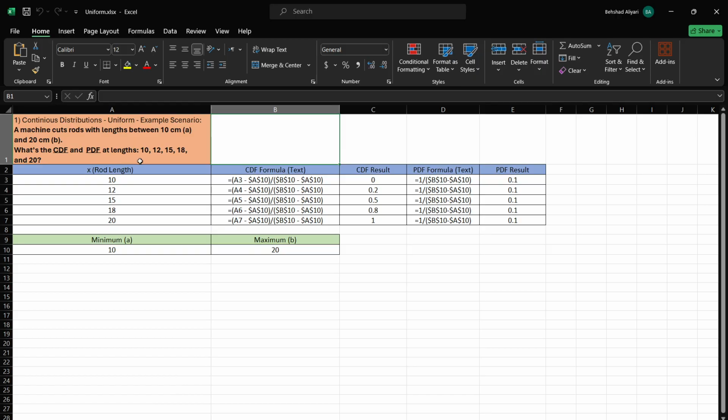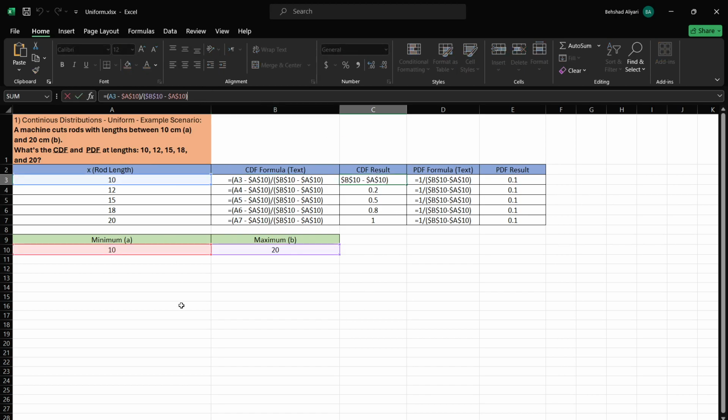In order to find the CDF and PDF, all we need to do is to use this formula. The formula for CDF is our first x minus our minimum, which is 10. Then we also have 20, which is our maximum, and we subtract our first x from that.